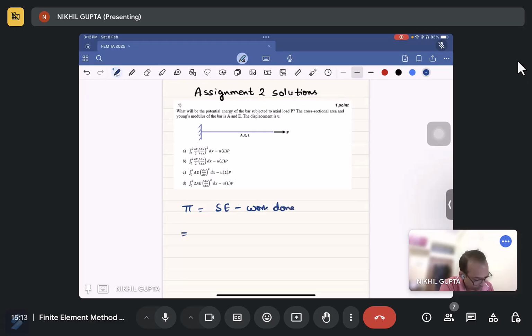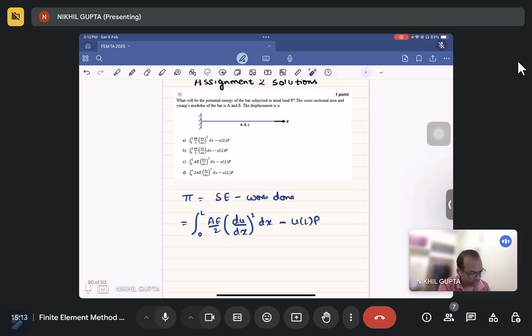For an axial bar with length L, it is AE by 2 times the integral of (du/dx) whole squared dx, minus work done, which is U at L times P. If anyone has a doubt on this, I can tell you, otherwise I can go forward.